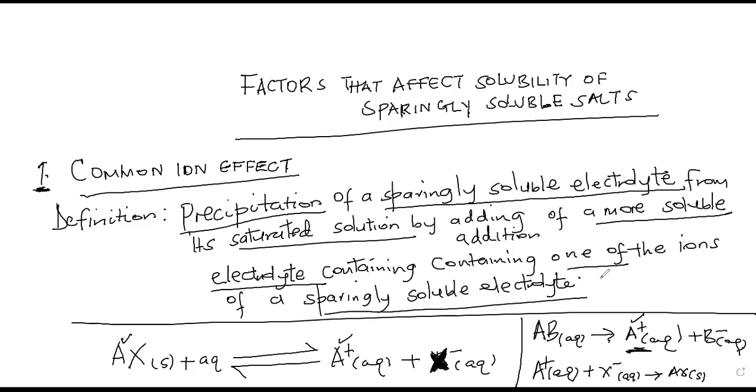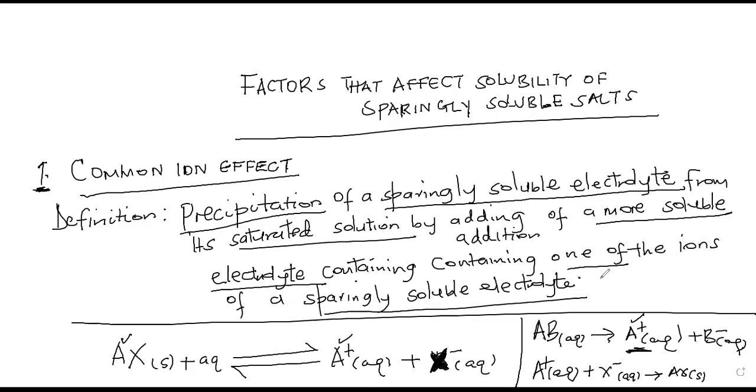You make sure that the electrolyte you're adding is more soluble than the sparingly soluble electrolyte, and it must have one of the ions of the sparingly soluble salt.